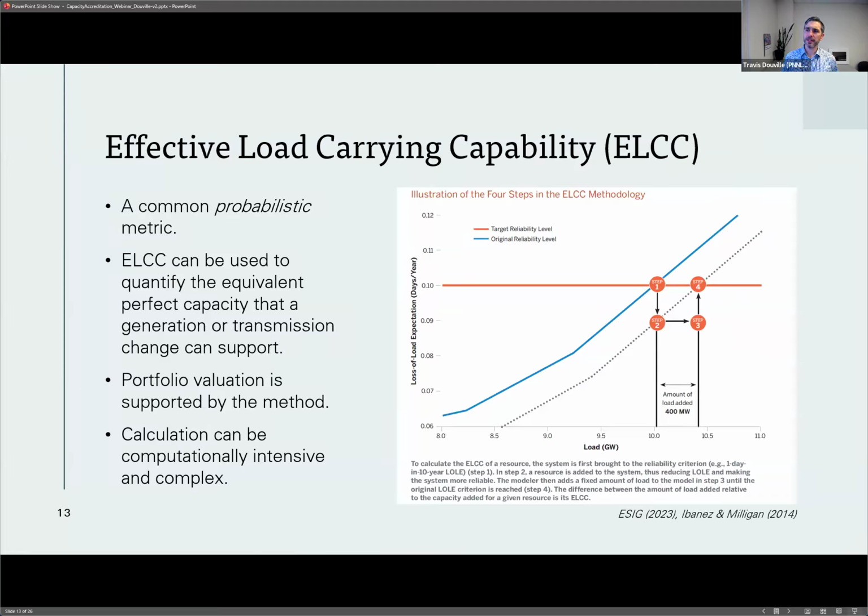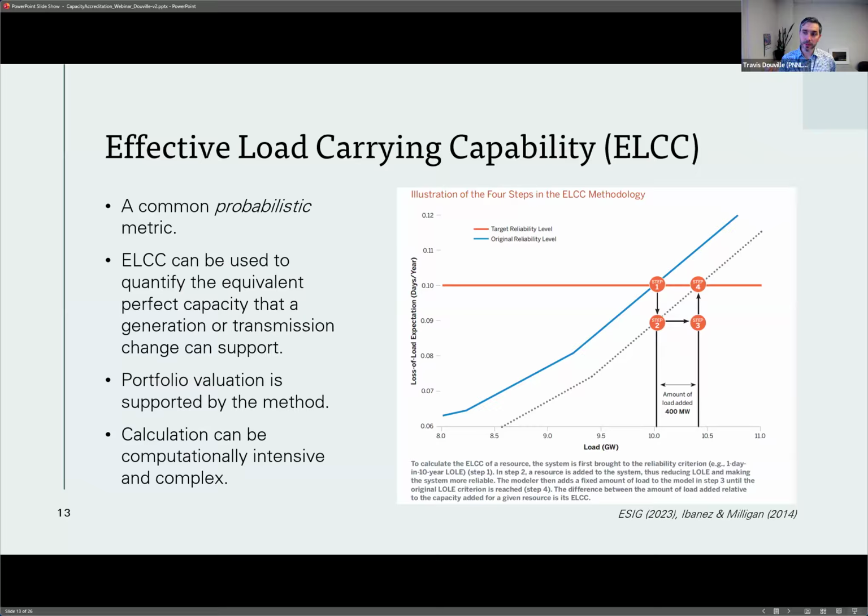Third, load is incremented and the load is reassessed. Typically, there's an iteration between steps 2 and 3 to find the right amount of load that can be added to the system to return the system to that same reference in step 4, the same reference RA criterion level within a convergence tolerance in step 4.